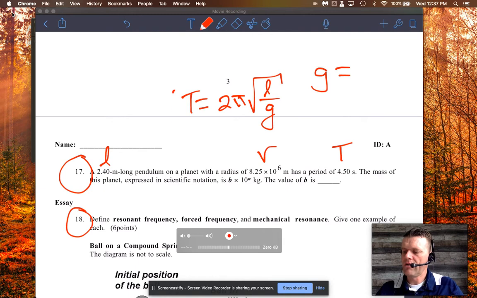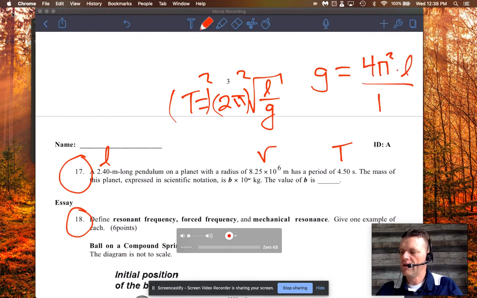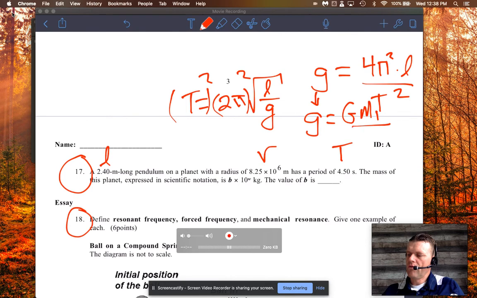Remember carefully, you must square everything when you do that. So g and T squared are going to trade places. I'm going to have 4 pi squared L over T squared, if I did that right. So there's little g. And I want the mass of the planet. Once I find little g, I can dump it right there and solve for M1, because I was given the radius R of the planet.